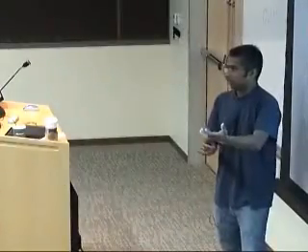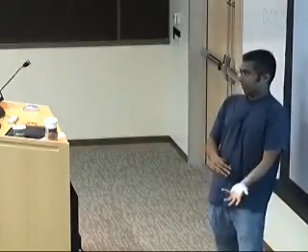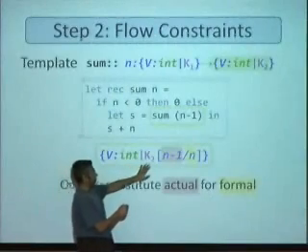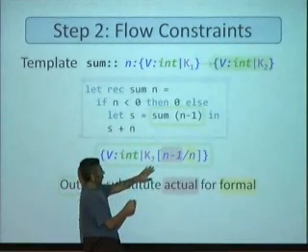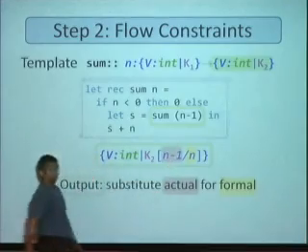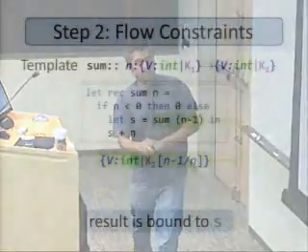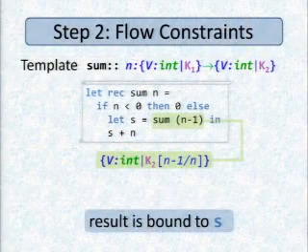You just take the post condition and substitute the formals for that function with the actuals at that particular call site. So you take the output post condition, which is unknown at this point, K2, and you substitute the formal n with the actual n minus 1. And so the type of this expression is K2 with n substituted with n minus 1. And this resulting type is bound to S.